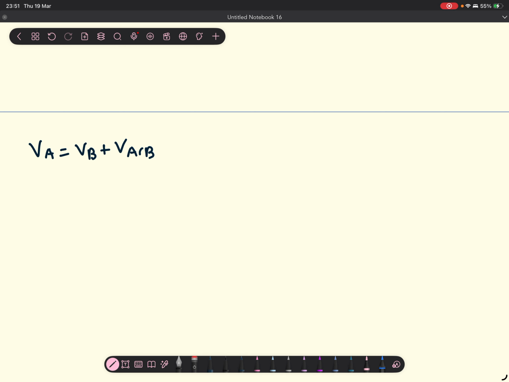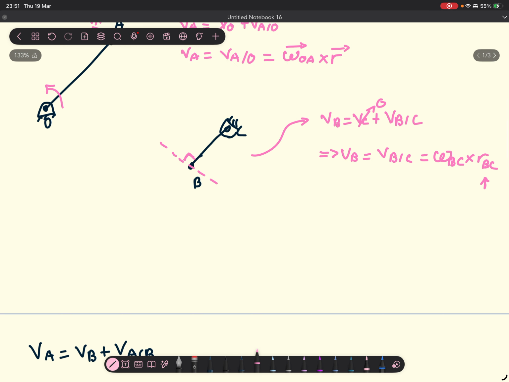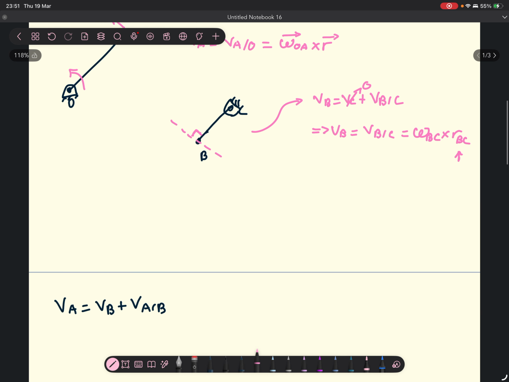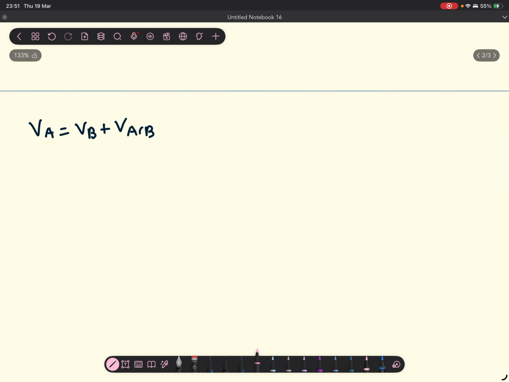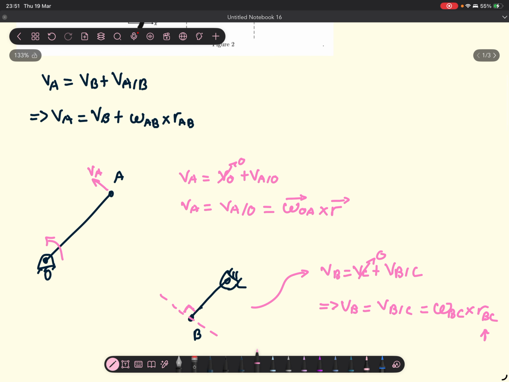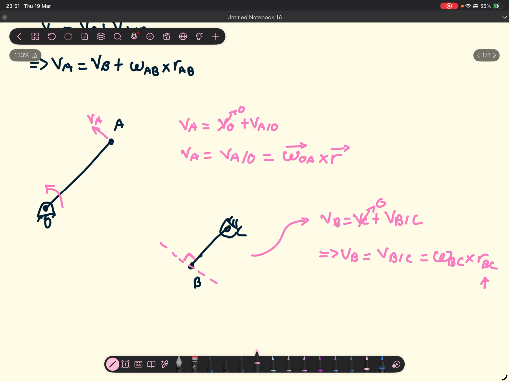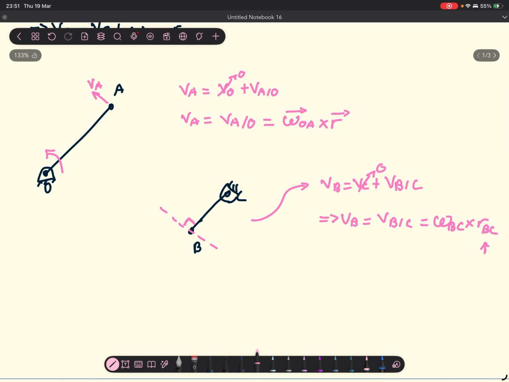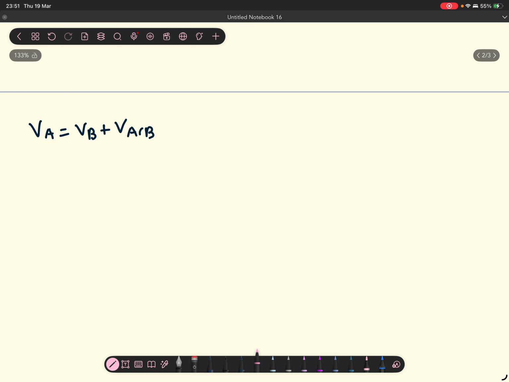Okay, so I hope that kind of makes sense. When drawing vector diagrams, always start with the vector you know the direction of. It's always a good idea to do that. So we know VA, okay?